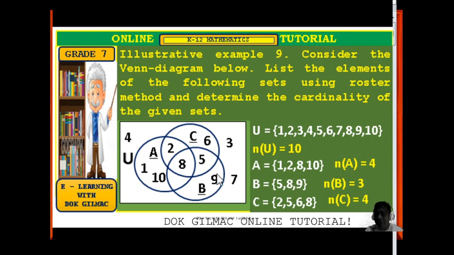Then we have here set B. There are actually 3 elements for set B, and we have 5, 8, and 9. So therefore, n of B is equal to 3. Now how about C? This is our set C, right? We have 2, 5, 6, and 8. So there are 4 elements for set C, and n of C is just equal to 4.